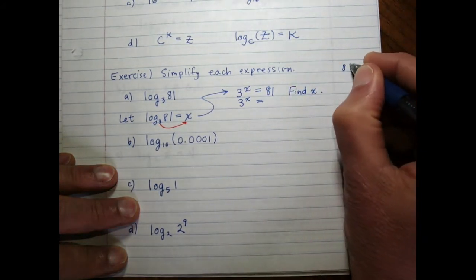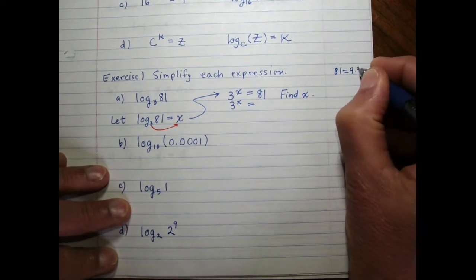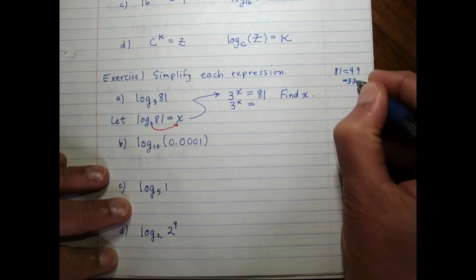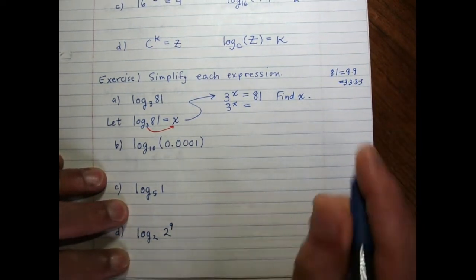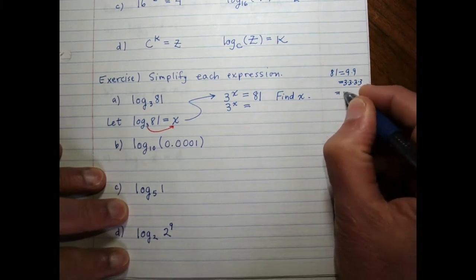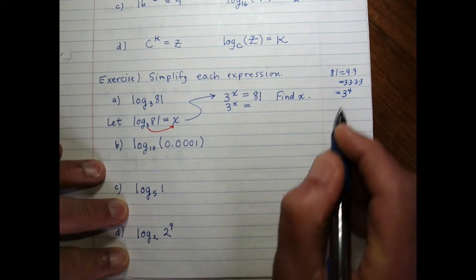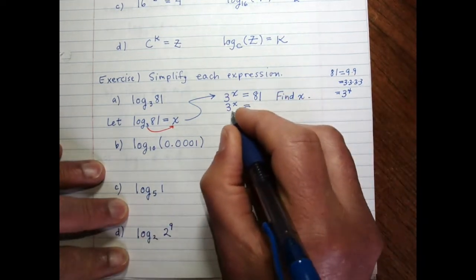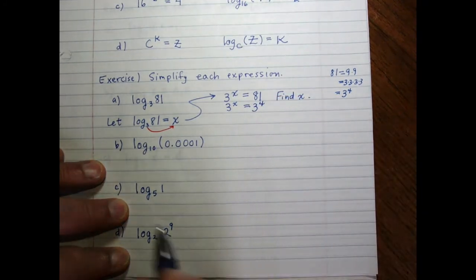81 I know is 9 times 9. But each 9 can be thought of as 3 times 3, right? So 81 I can think of as 3 to the 4th power. 3 times 3 times 3 times 3 would be 9 times 9 is 81. So I can replace this 81 with 3 to the 4th. Now, why would I do that?